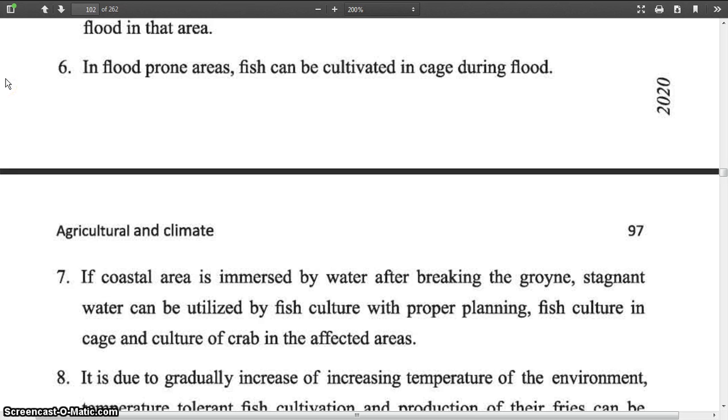It is a very effective method to culture fish in cages, because the fish in the cage may not move to another place and they live within this cage. So it is a very effective method to culture fish.